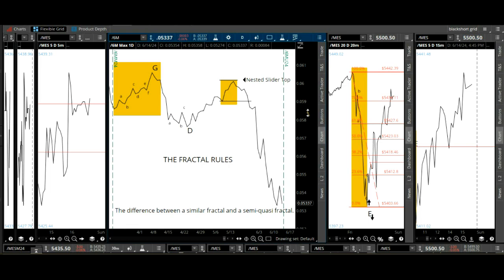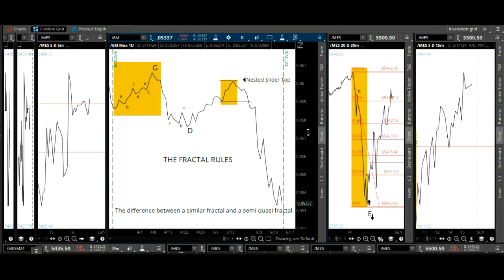Now, fractals, they weren't discovered until about 1980. They're fairly new. It will take time for you to distinguish the difference between a similar fractal and a semi-quasi fractal. Okay? If you go to medical school, you won't be a doctor in 1 year. You won't be a doctor in 2 years. You will not be a doctor in 4 years. Okay?